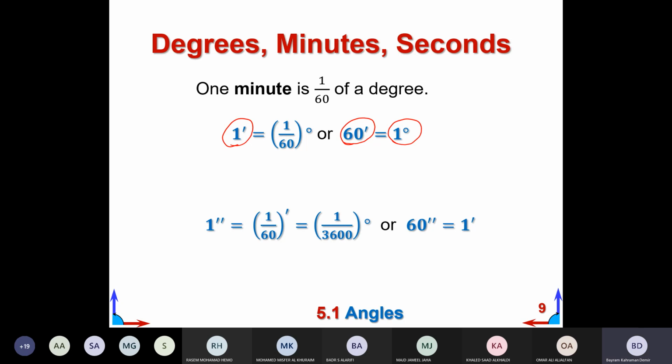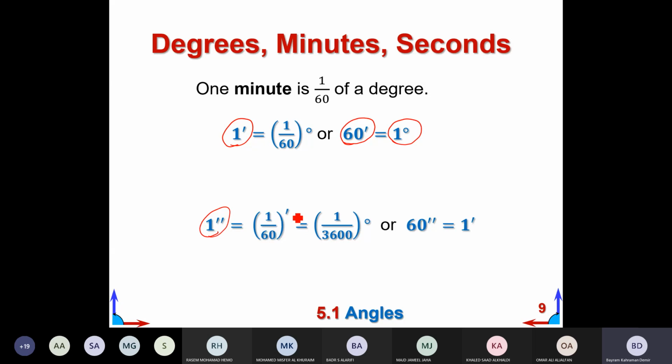Of course, 1 minute is equal to 1/60 hours, right? 1 minute is 1/60 hours. It's the same thing. A degree is like an hour in the time. And also we have seconds. We have 1 second, right? We are using a double prime for seconds, and we are using just 1 prime for the minute.